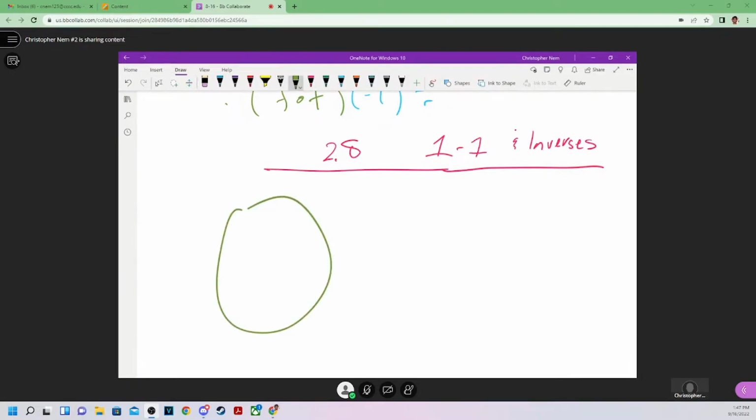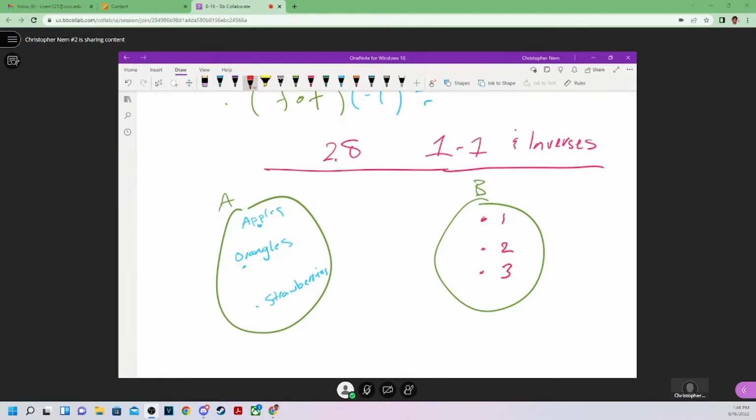Well, let's have this image A. Let's have this image B. And let's let this be apples, oranges, and strawberries. All fruits. Now, let's have B be just some number sets. 1, 2, and 3.